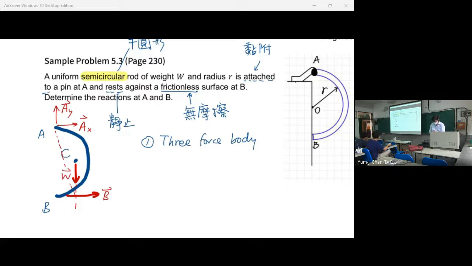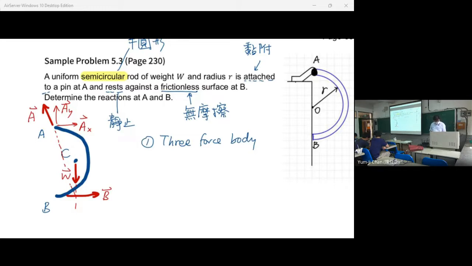So we have force A here. Is that okay? Because it is a free body, we can determine the direction of A in a straightforward way.